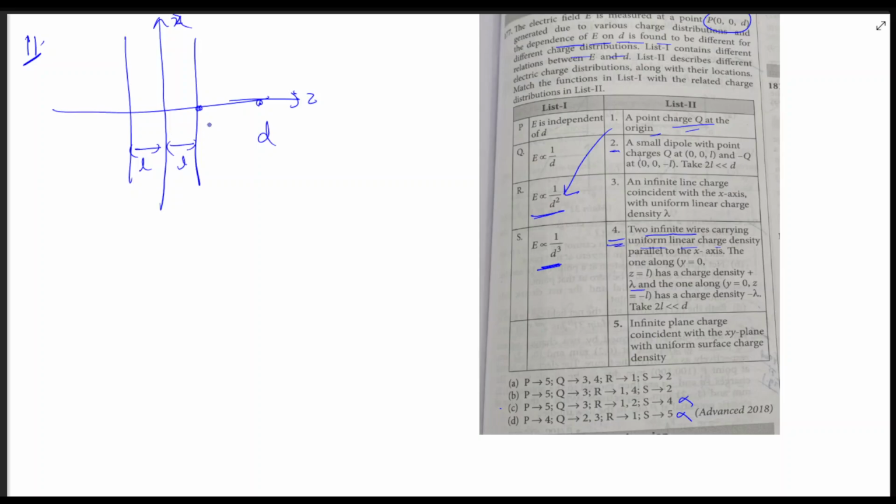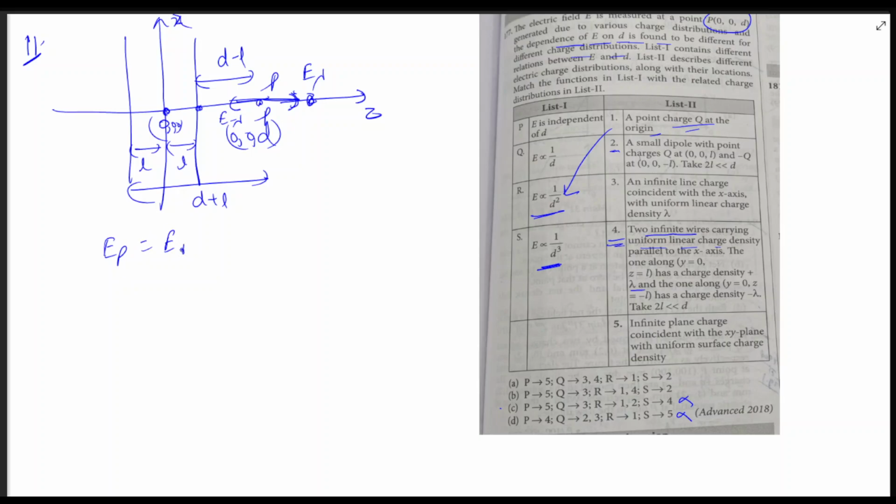This is 0, 0, 0, and this is the point P. So this distance will be d minus L and this distance will be d plus L. Now, the electric field at P will be in this direction due to lambda, and due to minus lambda it will be in the opposite direction. So EP will be E lambda minus E of minus lambda, which is 2k lambda by d minus L minus 2k lambda by d plus L. Okay, so from here we can solve it, right?